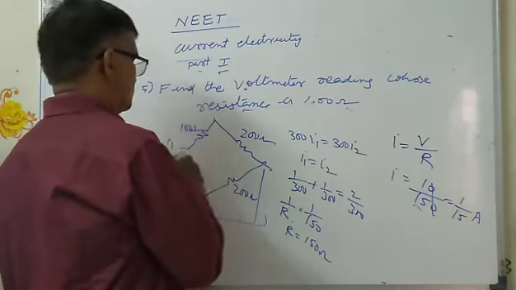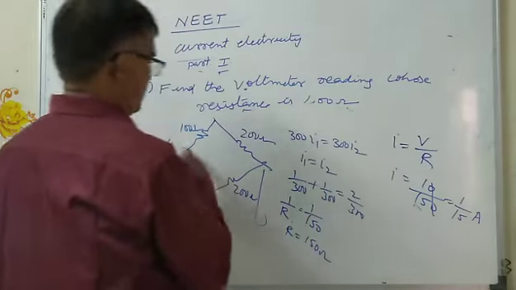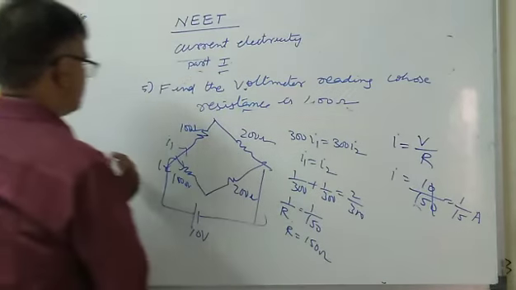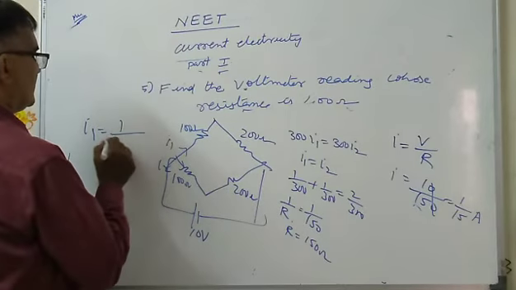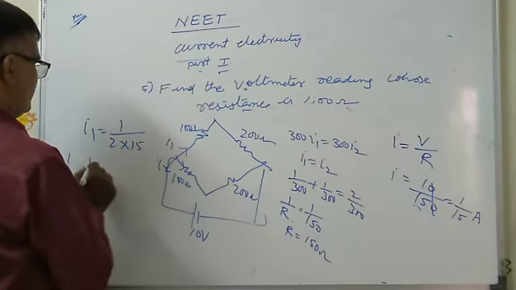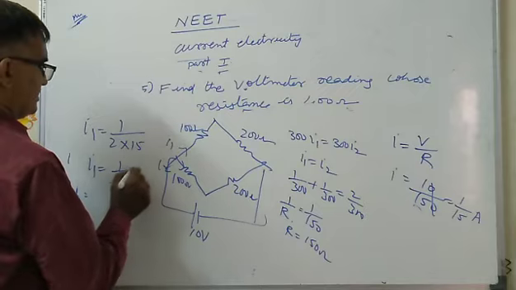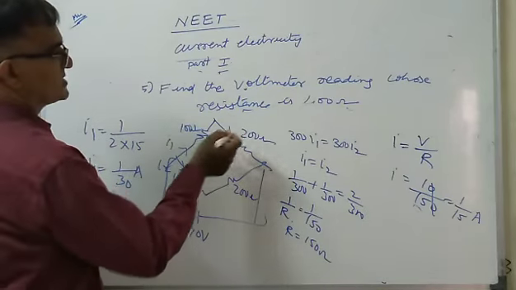So the total current is 1 by 15, equally distributed. So I1 is equal to half of the current, half of 1 by 15, that is 1 by 30 amperes. The same current passes through this.